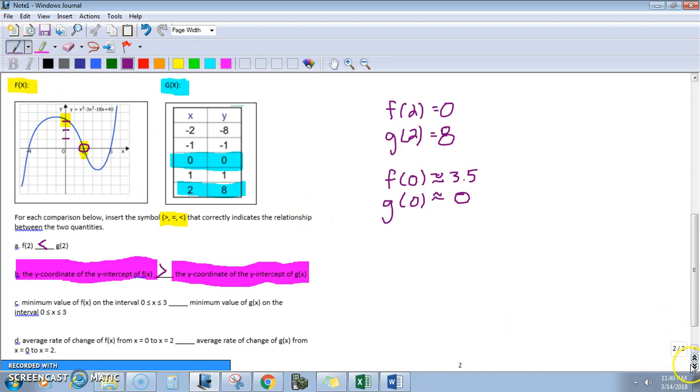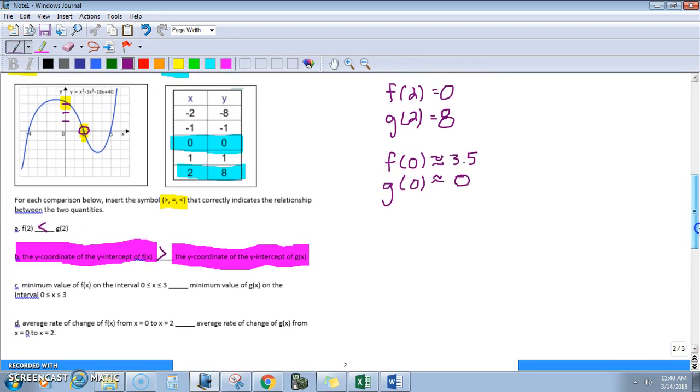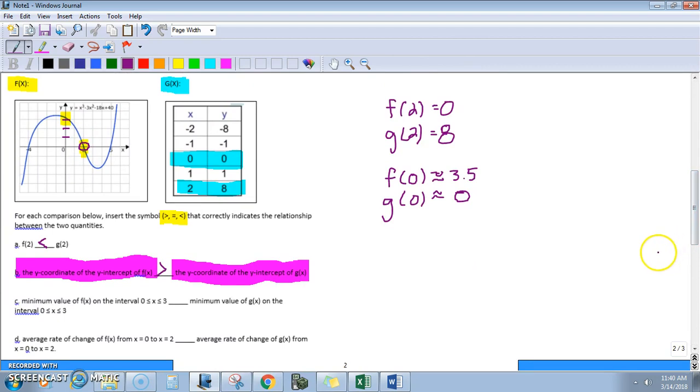Question C says, don't freak out, question C says, the minimum value of f of x on the interval from 0 to 3, so f of x from 0 to 3 is going to be from here to here, okay? And the minimum value of g of x on the interval from 0 to 3.